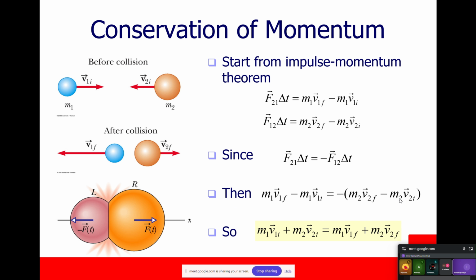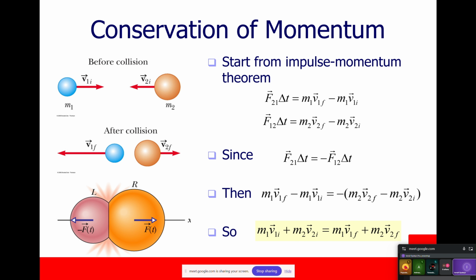So when you rearrange, you want to take all initials to the left hand side and all finals to the right hand side. This one can go to meet that one because this will be plus here. So virtually everything will be plus on both sides. So this is the principle of conservation of momentum.